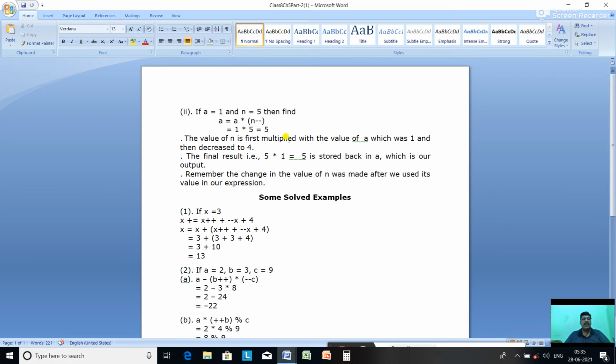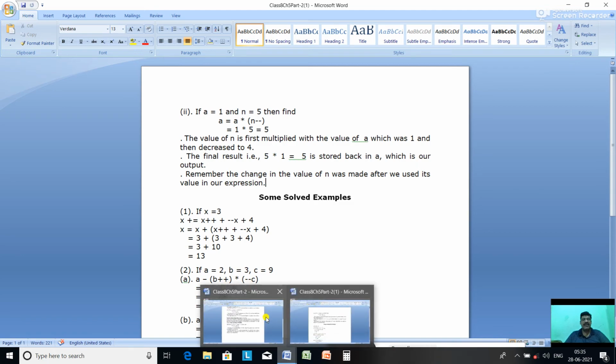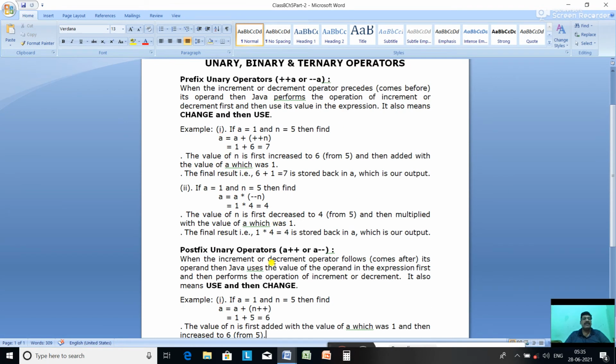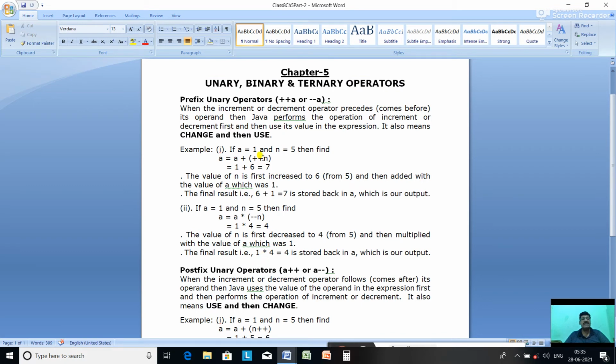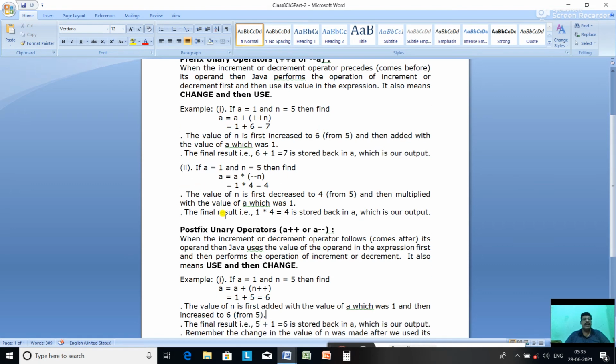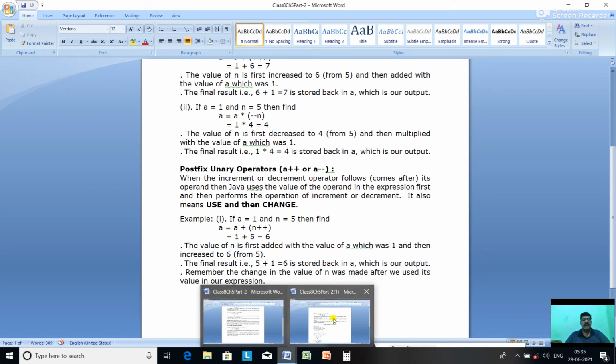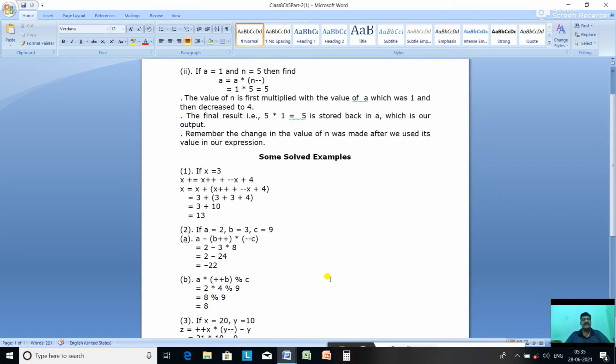Okay, so always remember, in the prefix, what happens? In the prefix unary operator, first it changes the value, that is increases or decreases, and then use. In the postfix, what happens? First it uses the initial value, and then the value will be changed.